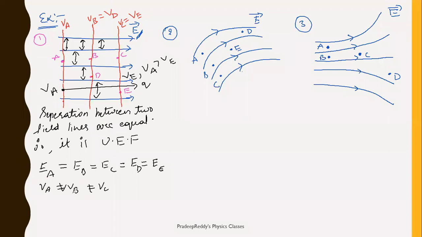So clearly in this we have got VA is not equal to VB, not equal to VC. VB is equal to VD. VC is equal to VE. That we have already shown it in the vertical line. Now clearly you can understand that potential at A is greater than potential at B is greater than potential at C, right? These are the important conclusions from this particular example 1. Now come to example 2.